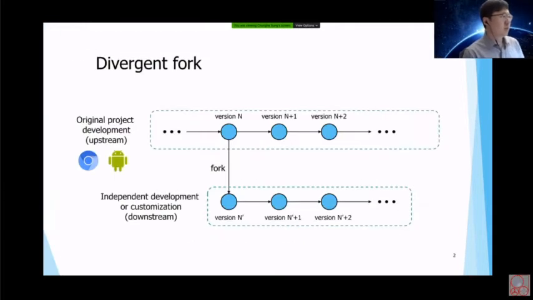A divergent fork is created by a fork, and it is widely used for customization and independent development by saving a lot of effort without starting a project from scratch. For example, Android OS is customized by different device vendors. In divergent forks, we call upstream the original project and downstream the project created by a fork.